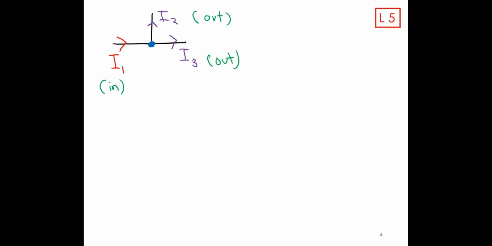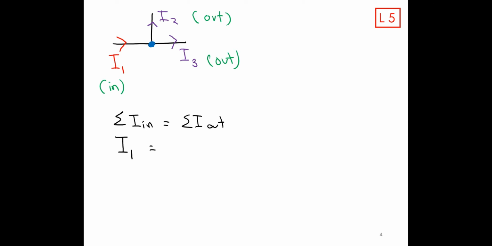Now, based on the second statement of Kirchhoff's first rule, total current in is equal to total current out. For the current in, it is our I1.